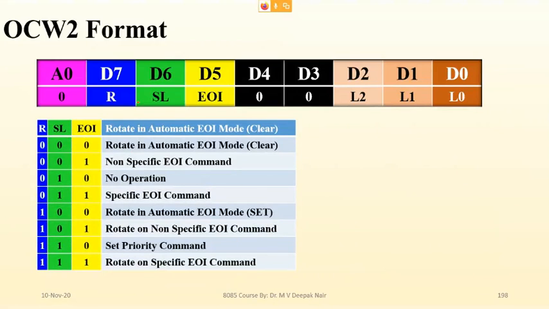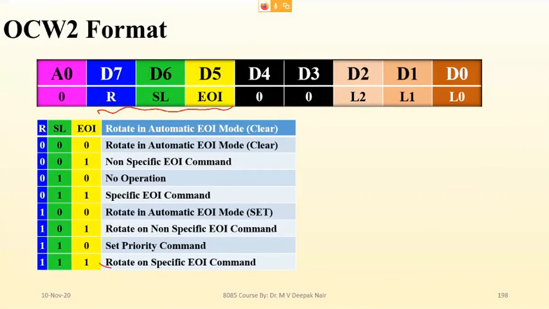Now the combination of these three bits, SL and EOI, can push the device into all these modes of working. So you don't need to remember it, but just for your information, these three bits are used to drive the IC into different modes. What are the different modes available in the 8259? There are 8 different modes allowed, and those 8 different modes can be configured using D7, D6, D5.